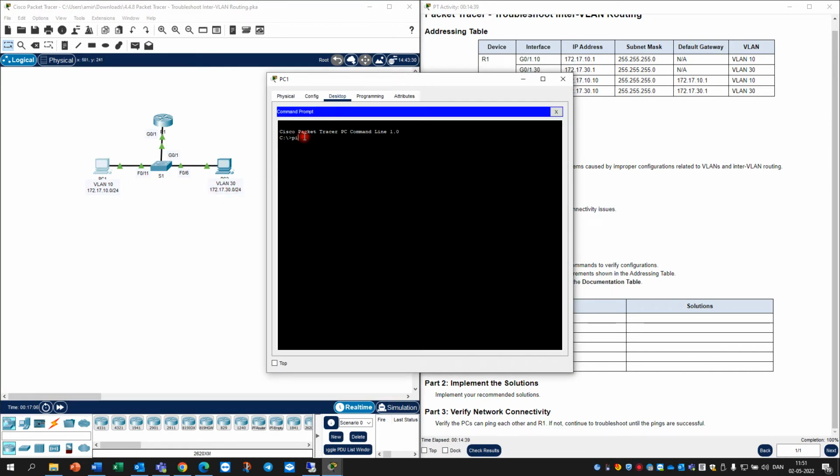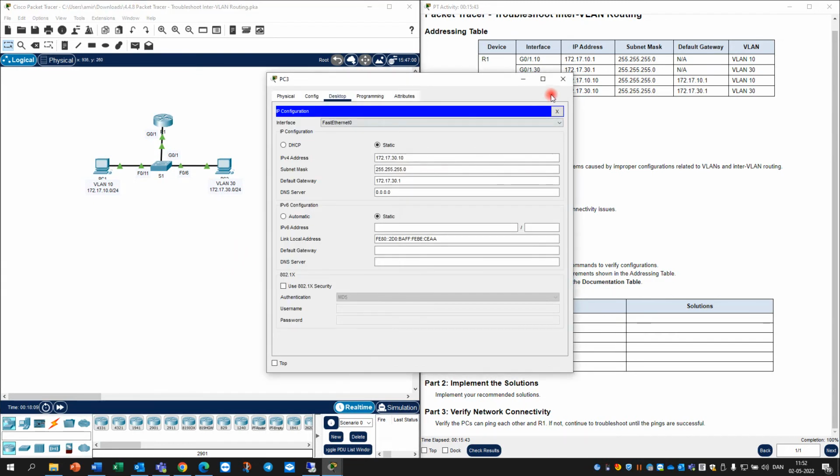You can write ping and this IP address and wait for the ping. If everything is fixed, yes, but we still have a problem here, and we should find out what the problem is.